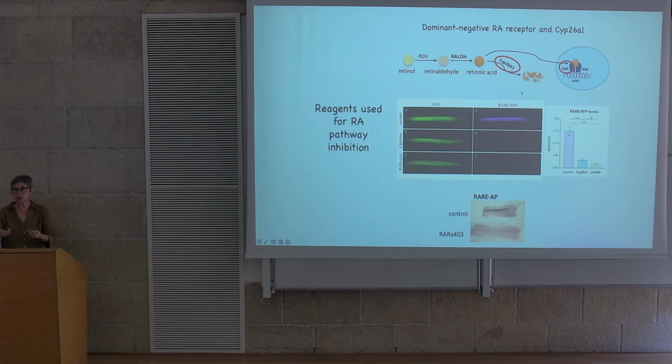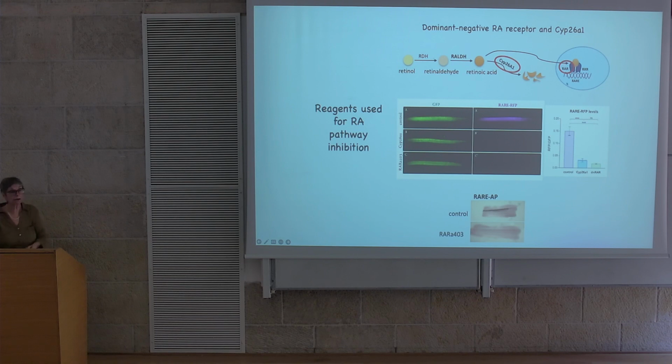We do it by electroporation in the egg, in ovo. Most of this work has been done in quail embryos, which are very small and very easily amenable to manipulation under a binocular. So we misexpressed CYP, which is the enzyme that degrades retinoic acid.